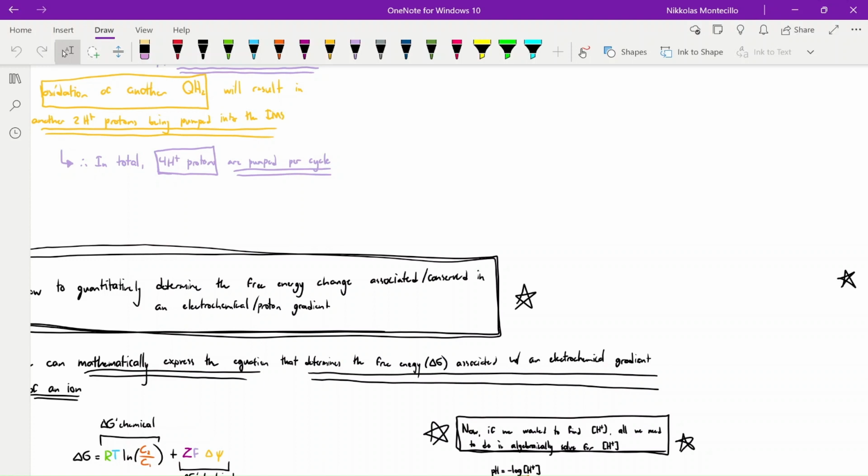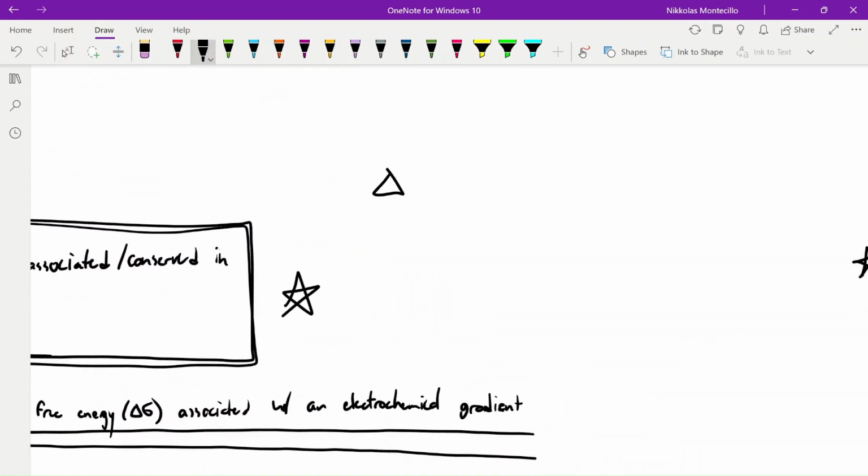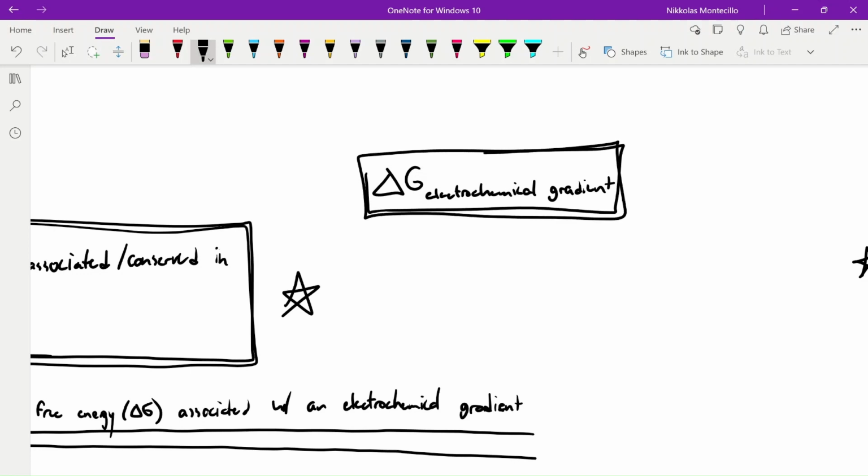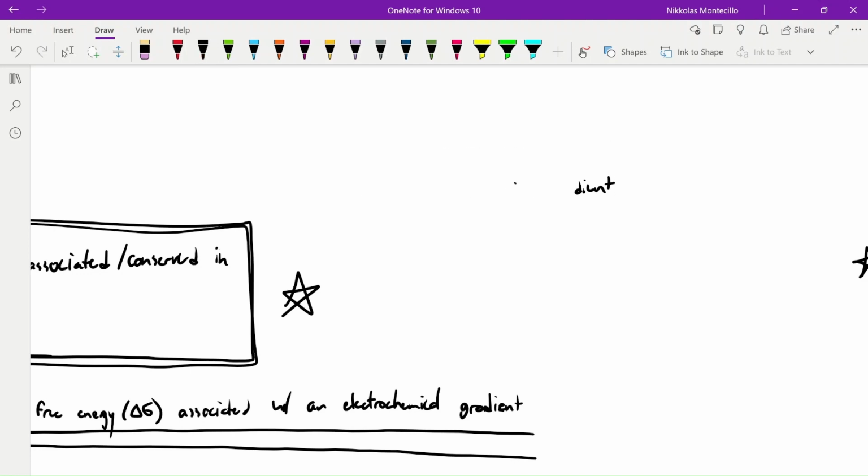In this case, we're looking at the chemical energy associated with the electrochemical gradient. Okay? That's essentially what we're just investigating here.